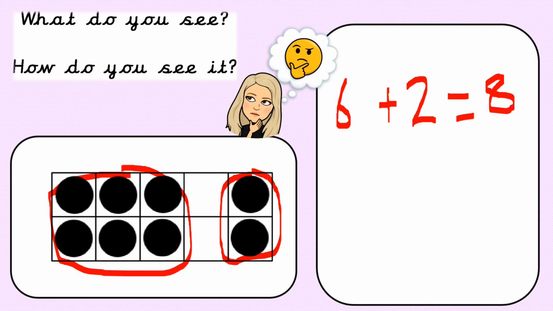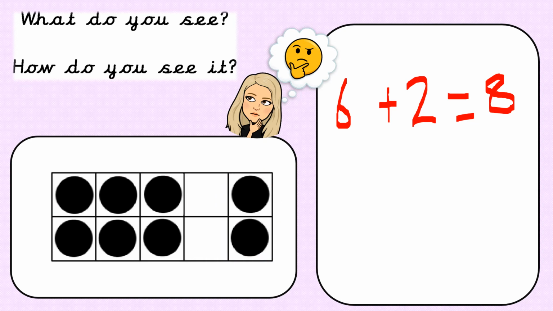But you may have seen something different. You may have seen 4 in this part, add 4 in this part. So your number sentence could have been 4 add 4. You may have seen 2 add 2 add 2 add 2.